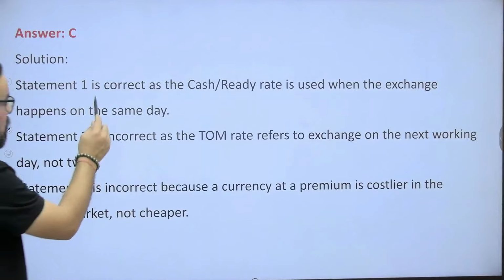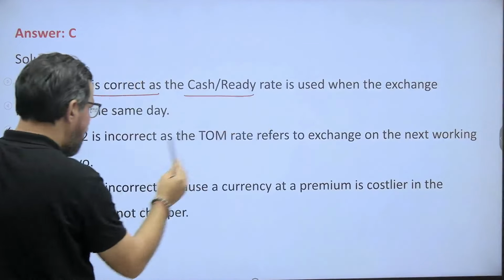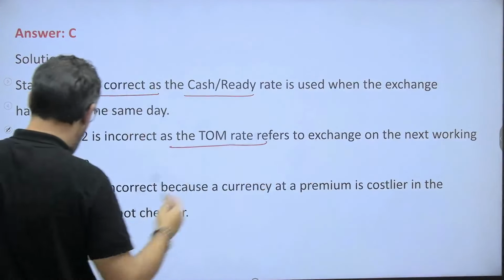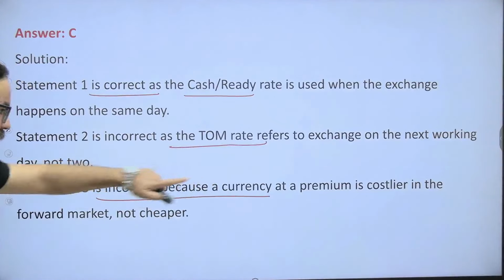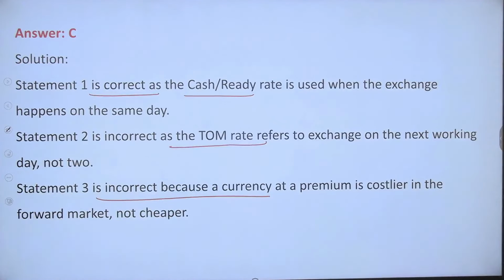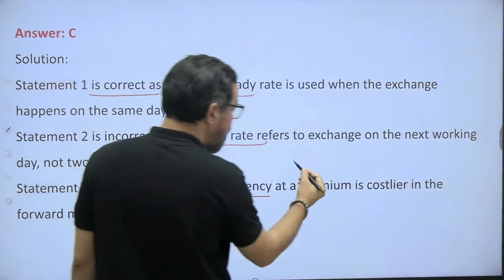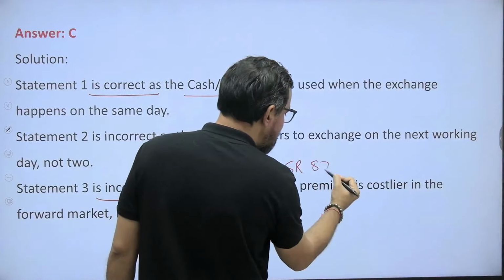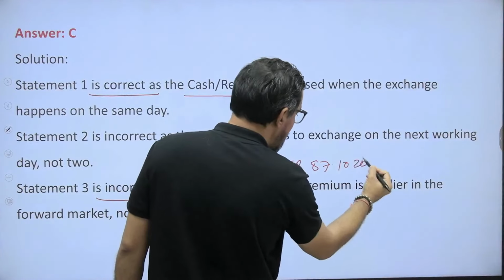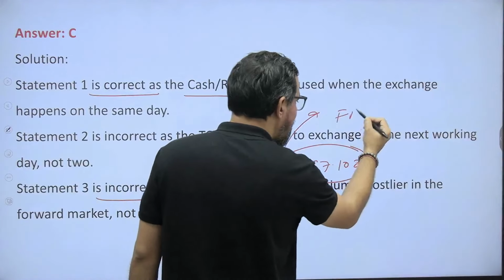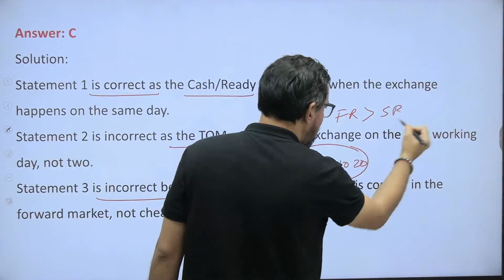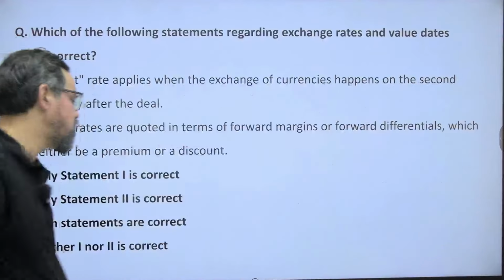Tom is T plus 1, next working day, and in case of premium it is costlier. I told you that case. Let's say spot rate is 87.1020. If it is a case of premium, your forward rate will be higher than your spot rate. So it is costlier, not the cheaper one.